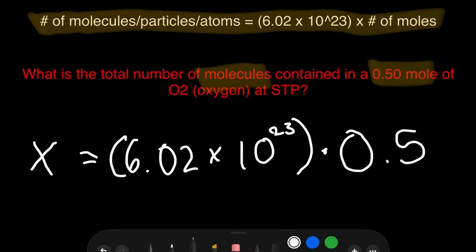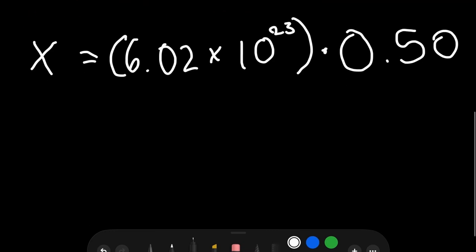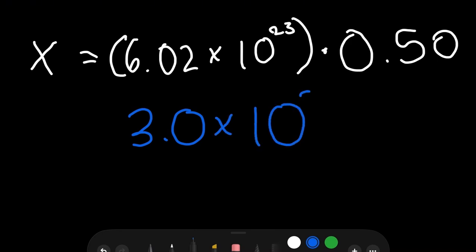There you go. And now you just multiply it, you put it in the calculator, and you're going to get something like this. 3.0 times 10 to the power of 23.